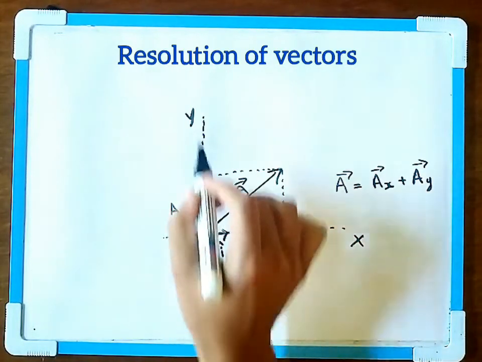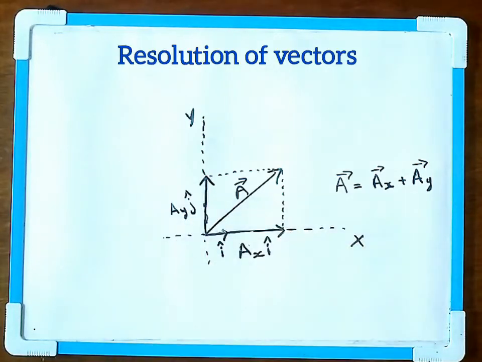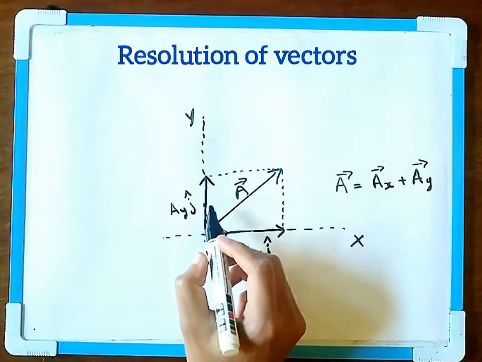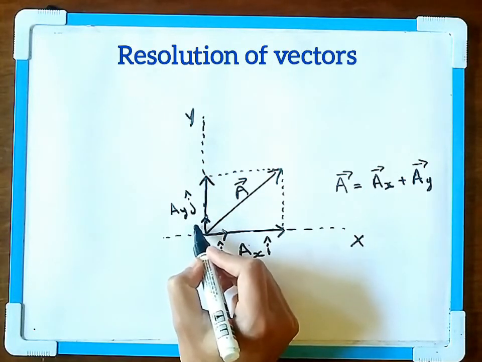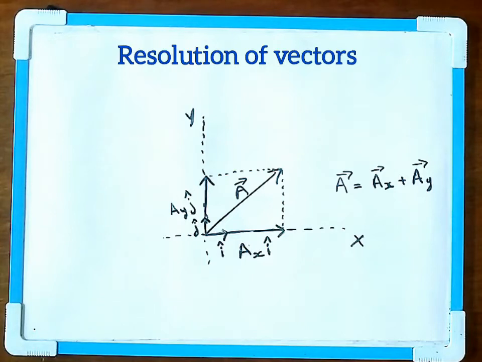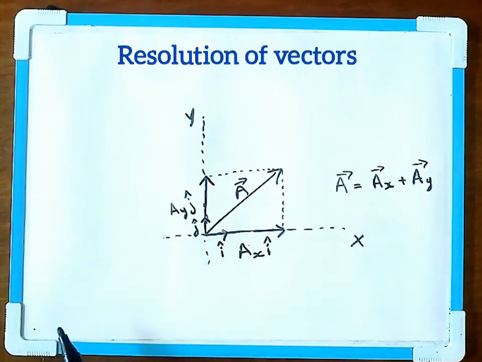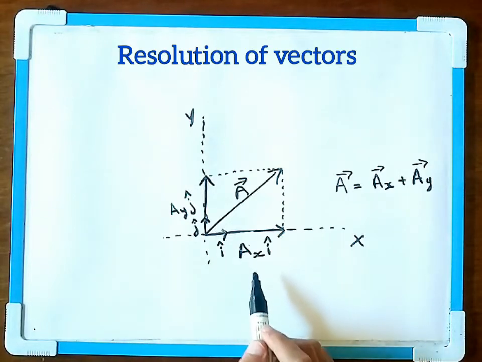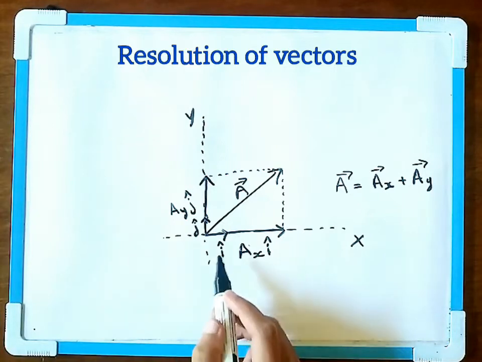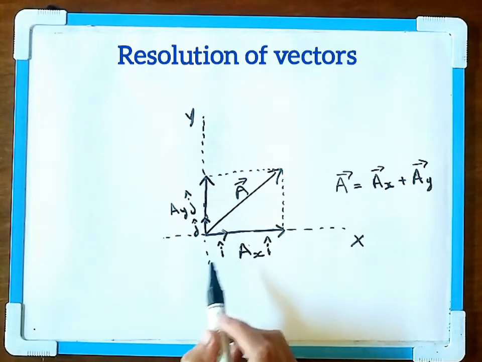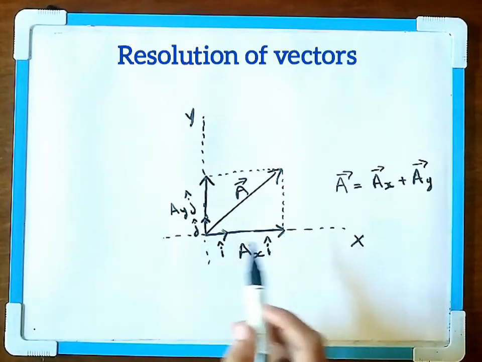Now for the y-axis, the direction is given by a unit vector J cap. So remember that J cap is a unit vector along the y-axis. Hence your AY vector is equal to AY J cap, and your AX vector is equal to AX I cap, and these unit vectors I and J are along the x-axis and the y-axis.